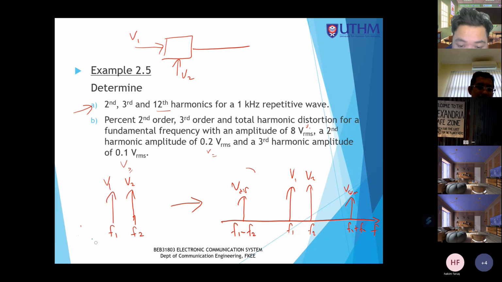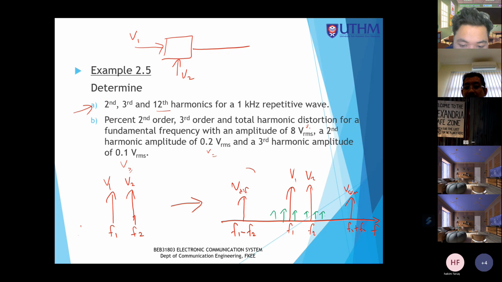And we're going to have other harmonics, which is what we call second order, third order, and so on. Disebabkan oleh non-linear device ini, sebenarnya kita ada juga beberapa harmonics kecil. Not only two actually.